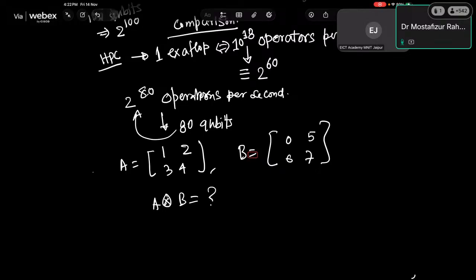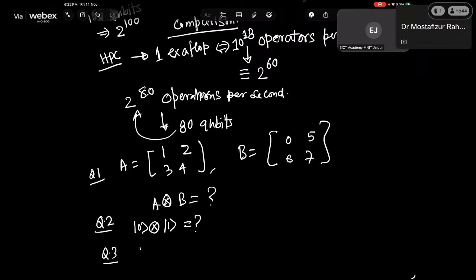Question number 1. Question number 2. What is the tensor product of 0 and 1? Question number 3. What is the tensor product of the superposition gate and superposition gate, Hadamard gate and Hadamard gate? Right? 3 questions.